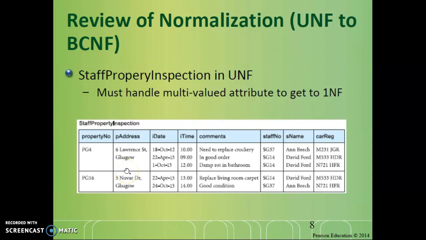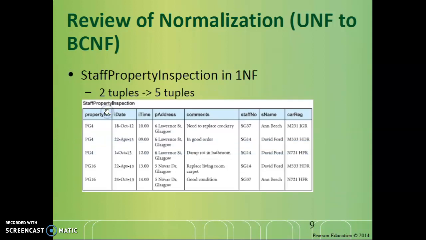Hello students. In the previous lecture series video related to BCNF, Boyce-Codd Normal Form, we took this staff property inspection table with unnormalized data and converted this unnormalized form into first normal form by removing repeating groups.